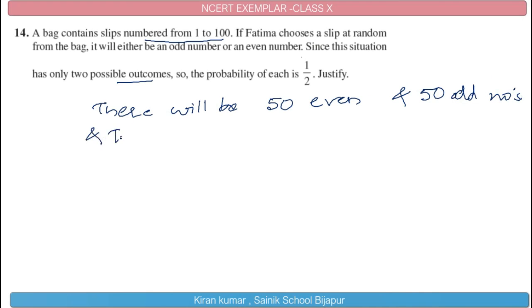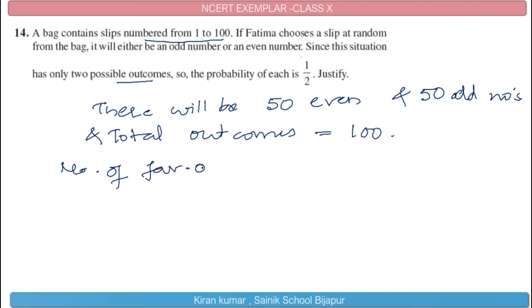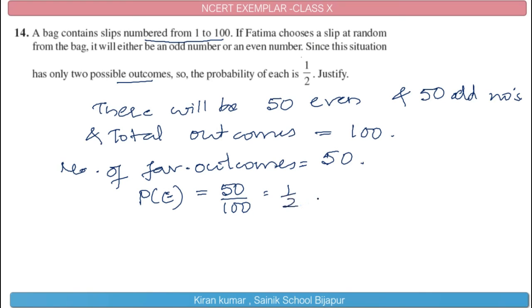And the total outcomes are 100. So here, number of outcomes favorable for the event will be 50. So the probability of getting even or getting odd will be 50 upon 100, which is 1/2.